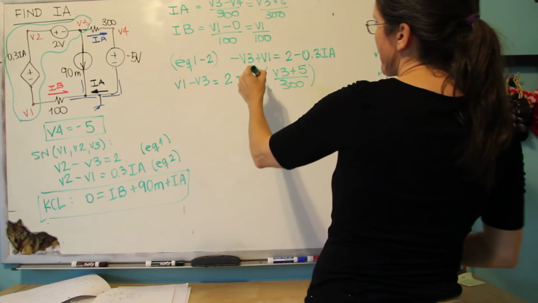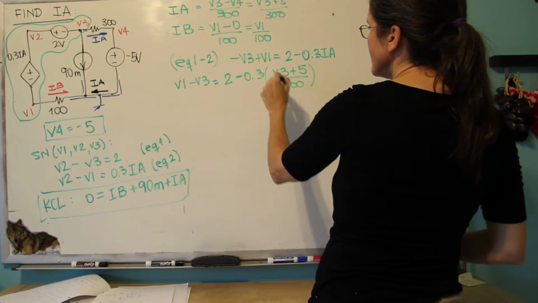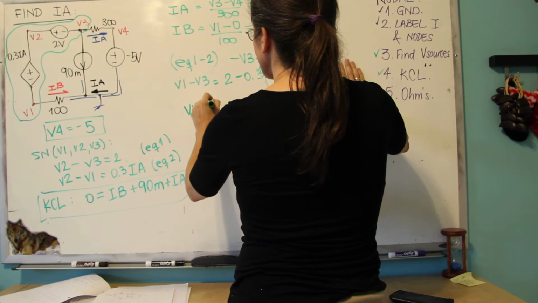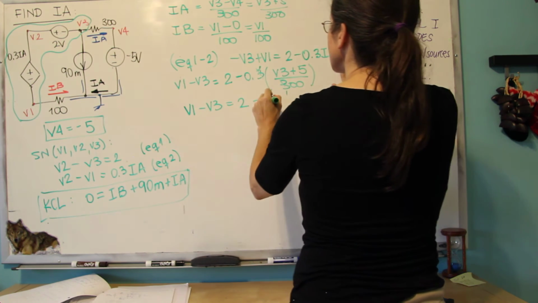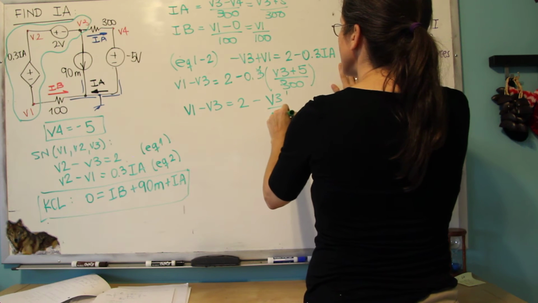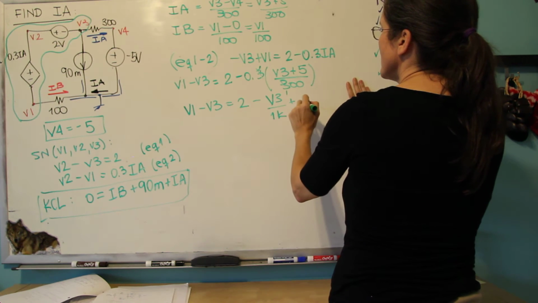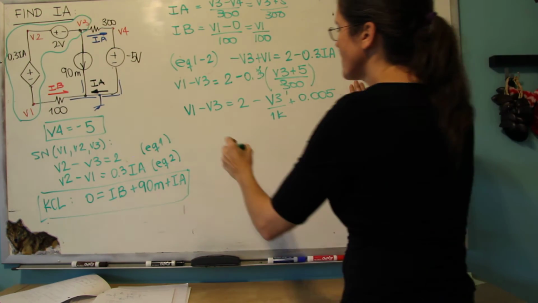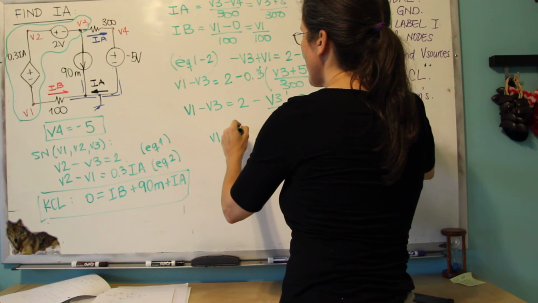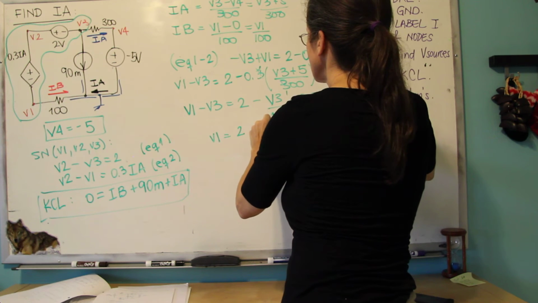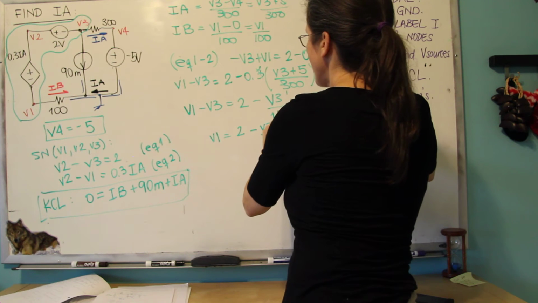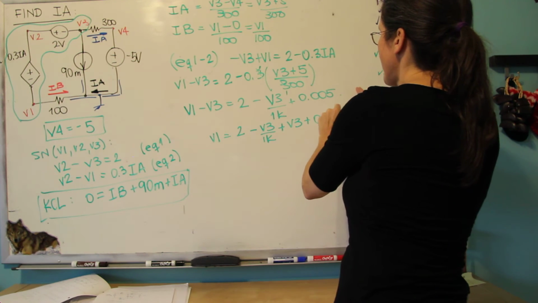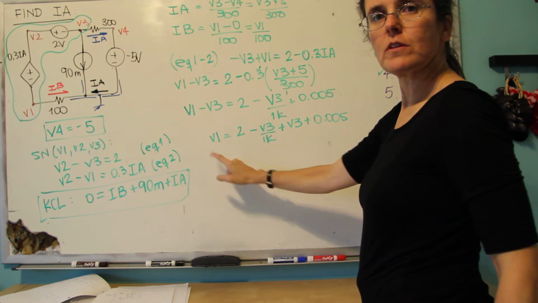So I can divide both by 3, and 0.1 over 100 is 1 over 1,000. And then 5 over 1,000 is 0.005. I almost have V1 as a function of V3. V1 equals 2 minus, okay, plus V3 plus 0. So this is my V1 as a function of V3.